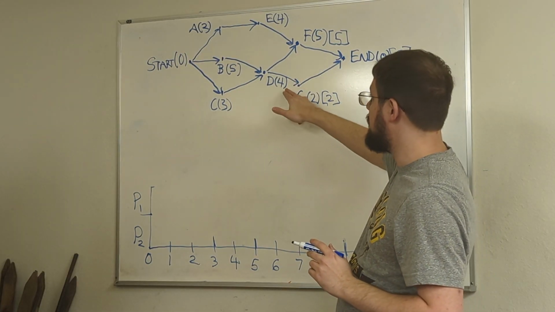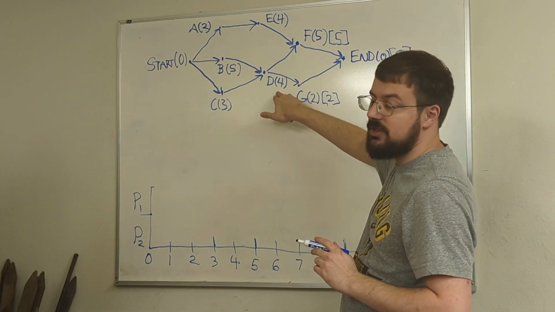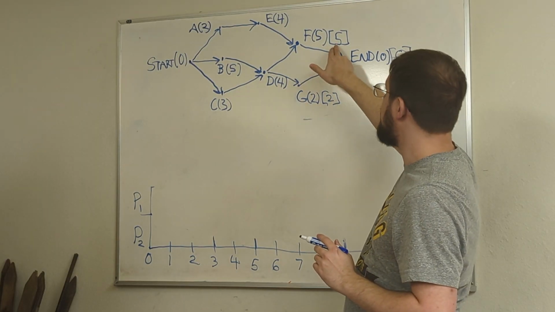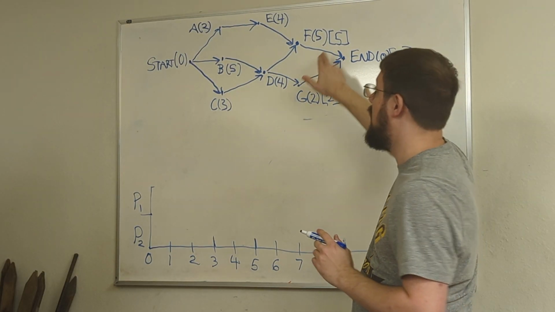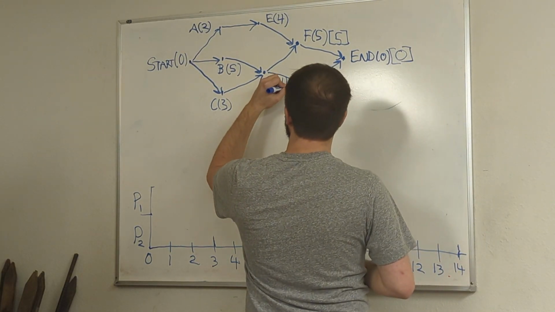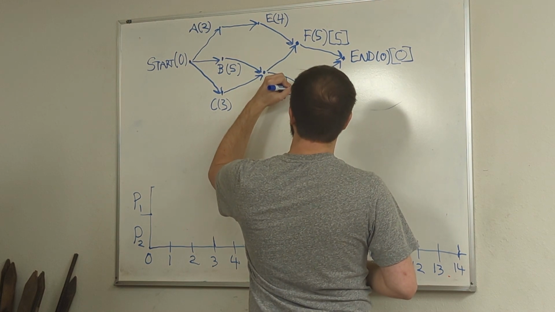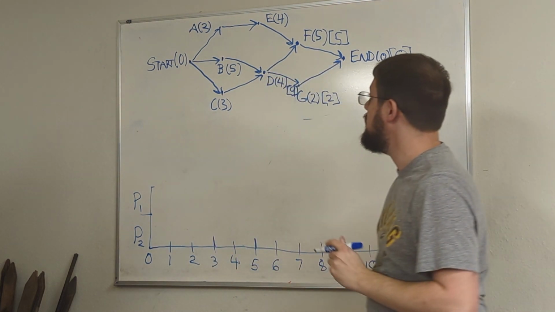So our critical time for D is going to be its processing time 4 plus the critical time of F, 5. So this would put us at a critical time of 9 for D.